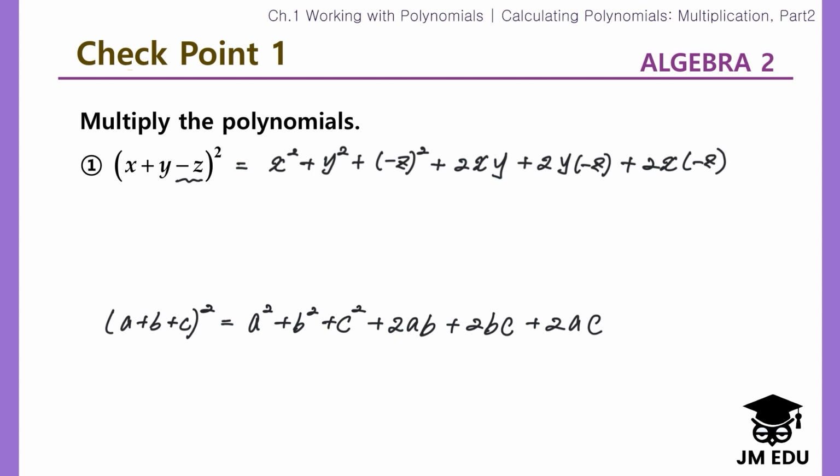So that is equal to x squared plus y squared plus the third term with a negative, minus z squared, negative z squared, plus 2 times first, second, plus 2 times second, third, plus 2 times first, third.